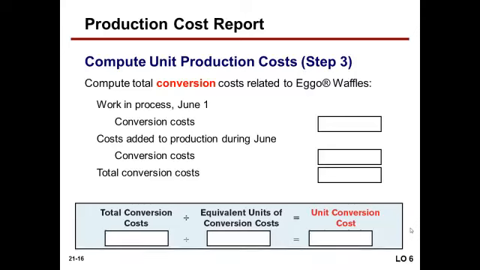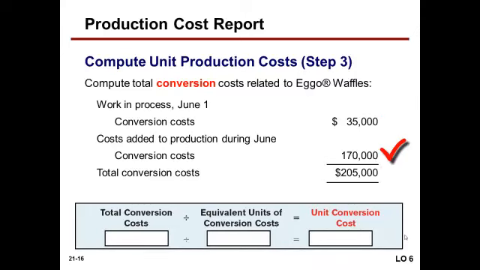Ditto for conversion costs. Pulling out the conversion cost element from last month's ending work in process value, $35,000, and adding in new conversion costs incurred during the current period, $170,000, our combined $205,000 of relevant conversion costs.